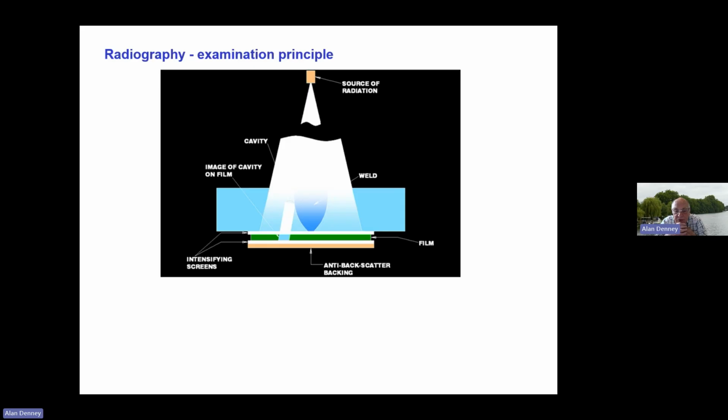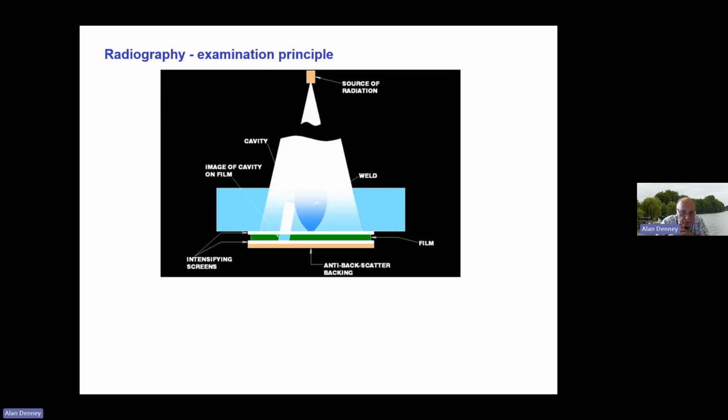So you're shining the radiation on the piece, and then you have on the other side, I'm going to talk about film radiography basically, but you've got a piece of film there. But either side of the film, which is shown in green, you've got intensifying screens, which actually are fluorescent, which fluoresce and create secondary radiation, if you like, which helps to intensify the image on the film.